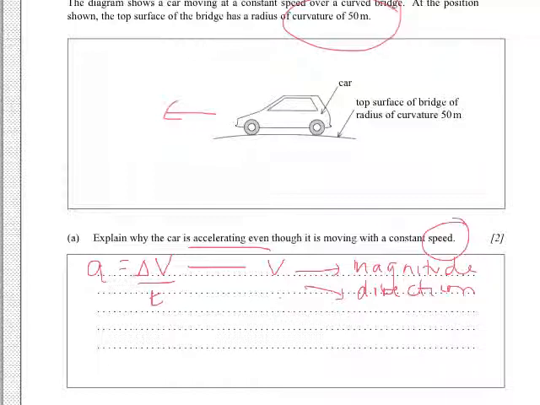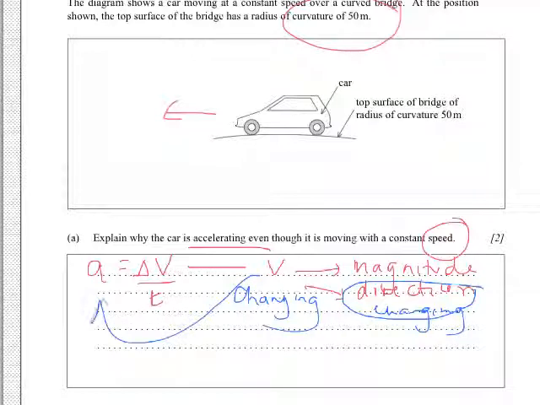When an object is moving in a circular path, its direction is changing, and because its direction is changing, okay, its velocity must be changing. So if we have a changing velocity, we go back to our definition, then it must be accelerating, okay? It's only a 2-mark question, and you get those 2 marks simply by saying that the direction is changing and the velocity is changing. But I thought I'd give you a full definition.